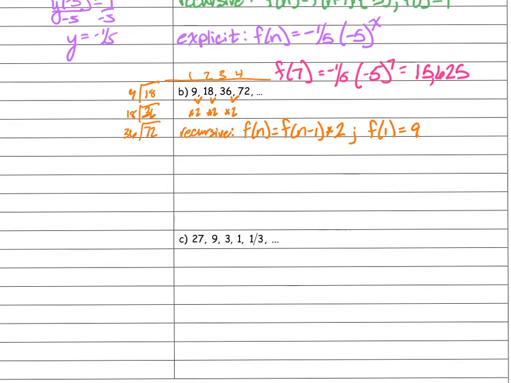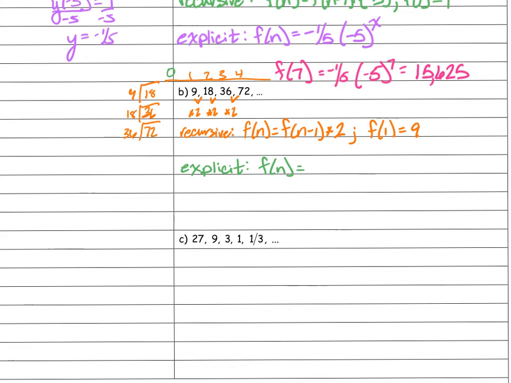And then we're going to do the explicit equation. Great. So in order to do the explicit equation, what I need to do is find my 0th term.